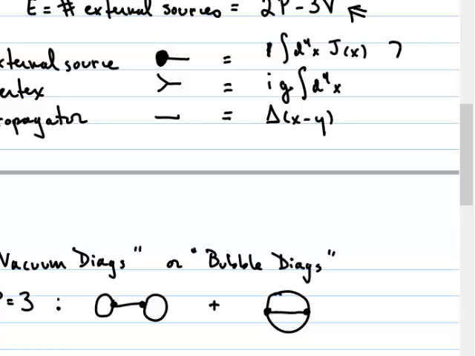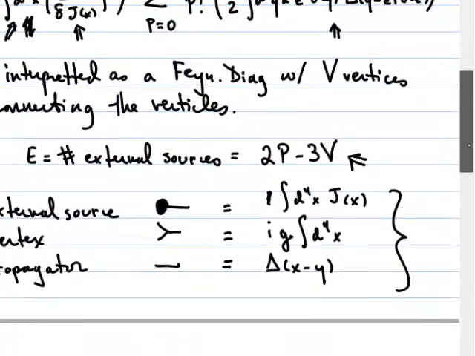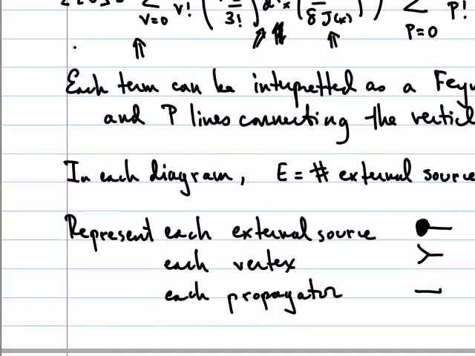Then using these Feynman rules, you can construct a term in the expansion. And you could check explicitly, and I invite you to do so, that indeed that'll be one of the contributions to Z of J up above. So for example, the term with V equal to 2 and P equal to 3 has 2 different types of contribution.